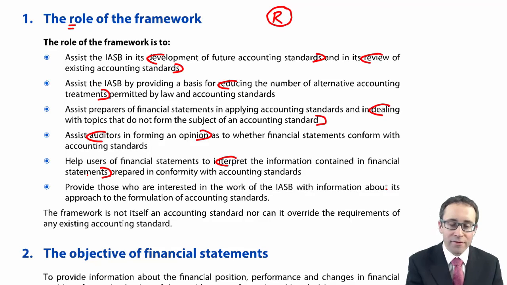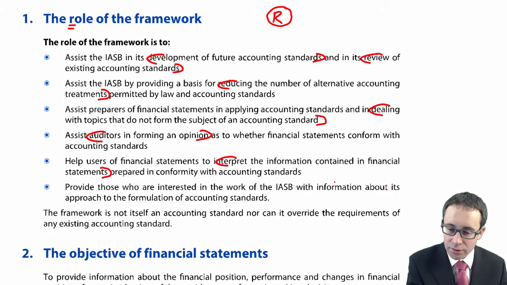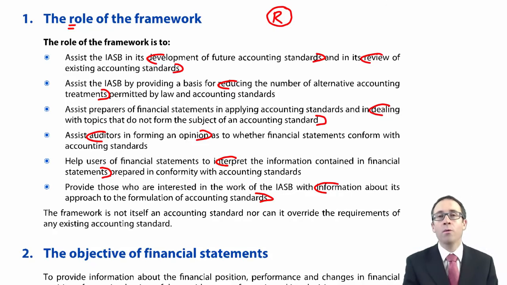Okay. And then finally, it goes through there and helps you give information about the approach, the formulation of the accounting standards. So what we will go through and see is that international accounting standards are very much principles based.